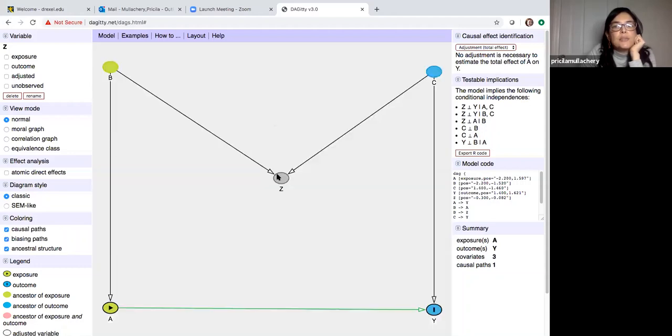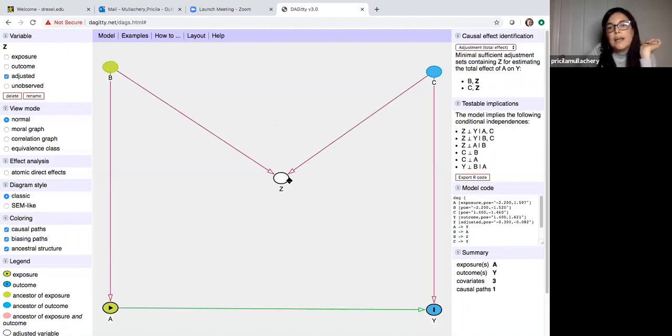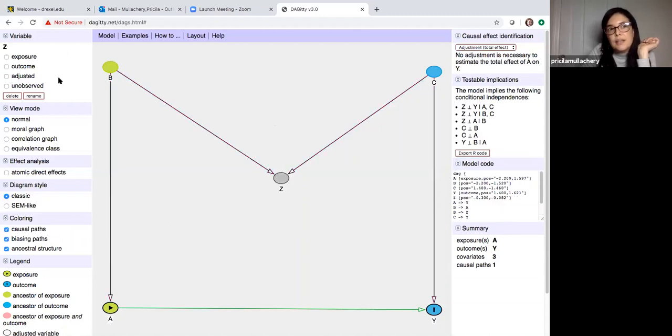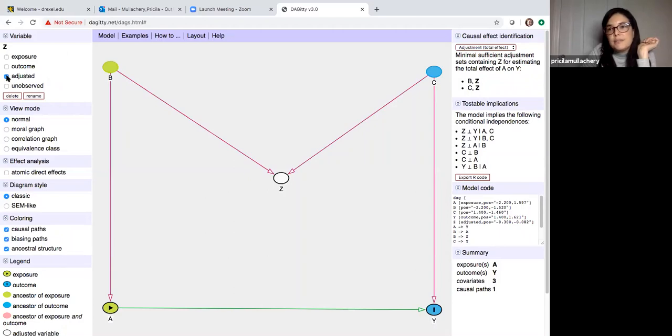Just like I did with rename, instead of R, I'm going to press A. Now Z is adjusted for. I could also have gone here and clicked adjust. See, now it's not adjusted, now it's adjusted. Okay, so now you see, because I adjusted for Z, now this path is open and it shows here as a biasing path, right, with this color.